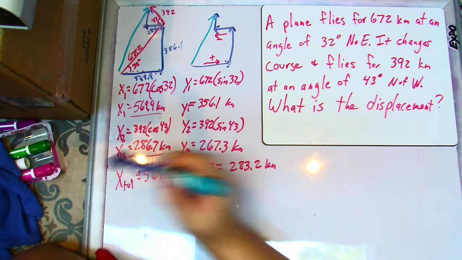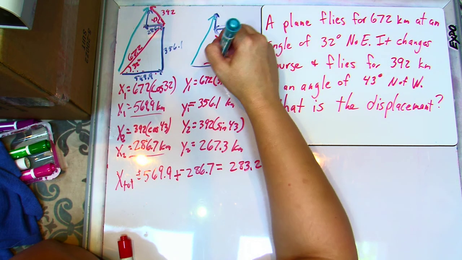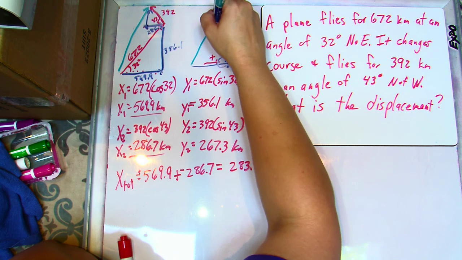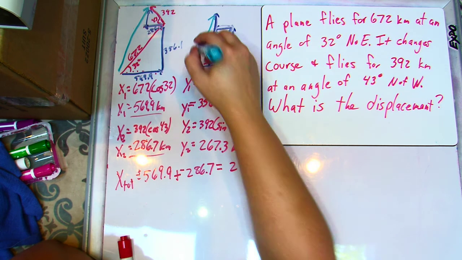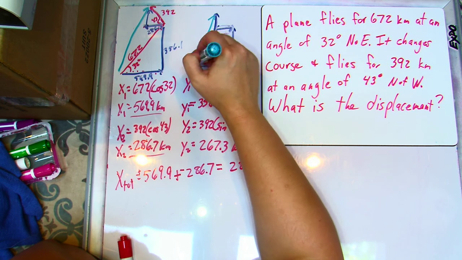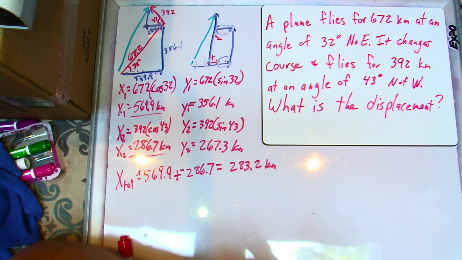In other words, since this is subtracted from that, we are trying to find this triangle, which is still a right triangle, and find that theta and that resultant.